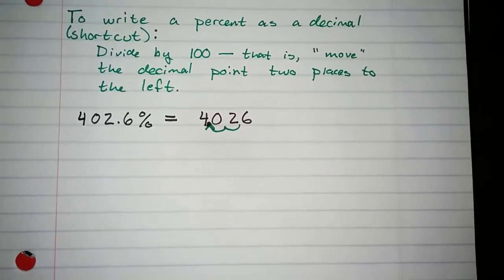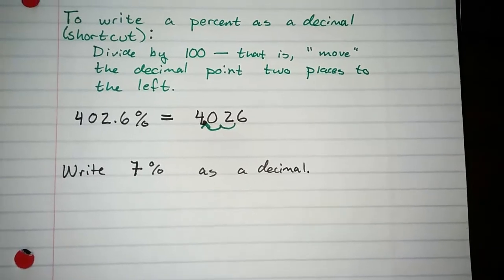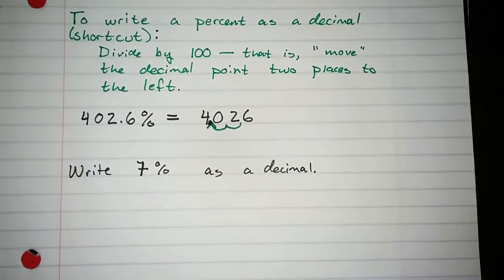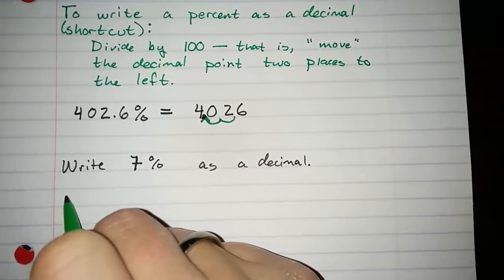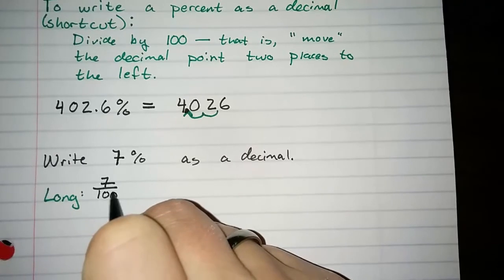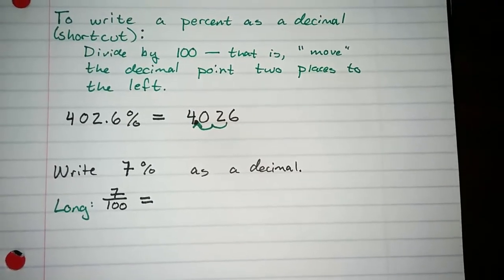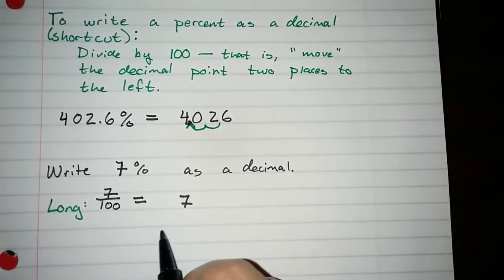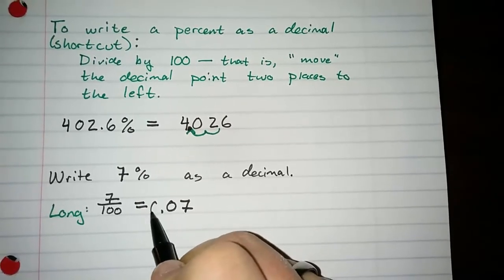Let me give you one of these to try, either using the shortcut or writing out all of the details, whichever you prefer. Write 7% as a decimal. Pause the video and try this now. All right. The long way, we would write 7% is 7 out of 100. That's just 7 100ths, that's the digit 7, but we want 2 digits to the right of the decimal point.